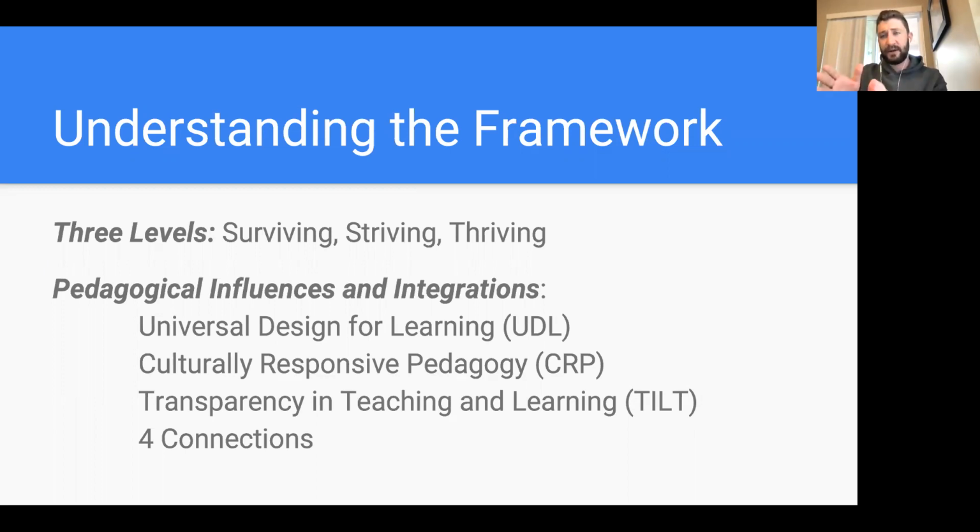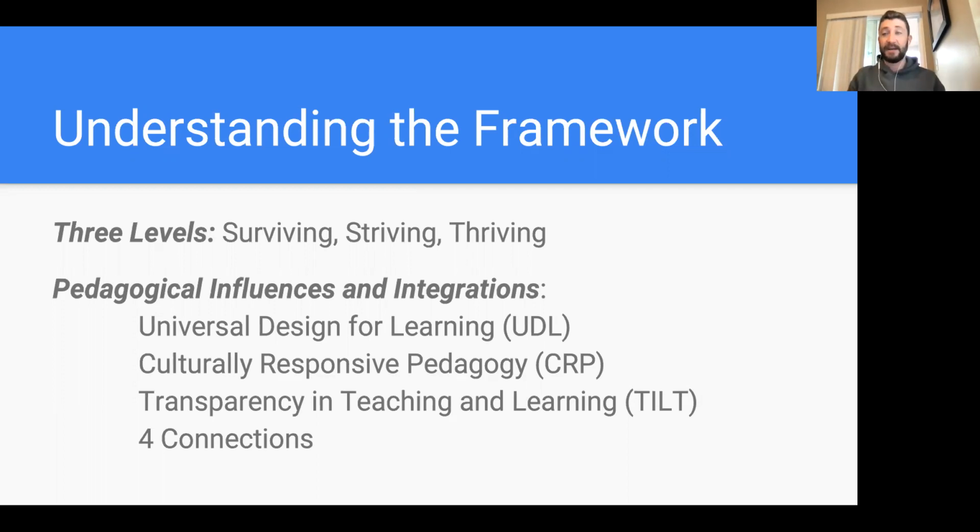Universal design for learning, a fairly ubiquitous term, giving students an equal opportunity to process and comprehend information and achieve outcomes in multiple ways. Culturally responsive pedagogy, looking at information as being intentionally anti-racist, using inclusive language, content, and assessments that allow students to see themselves within that.